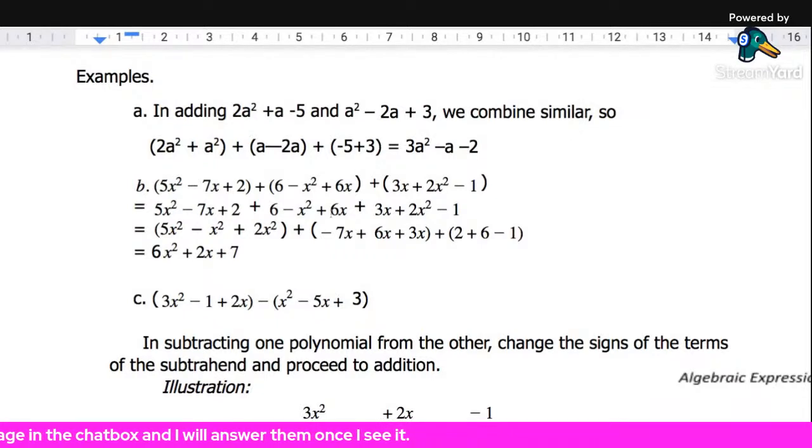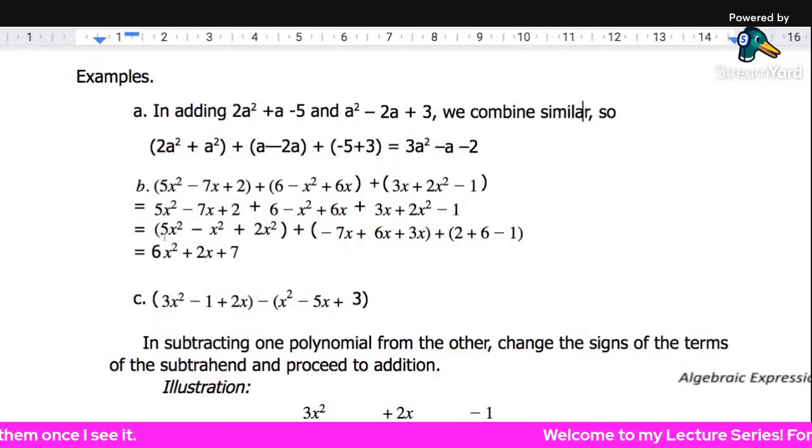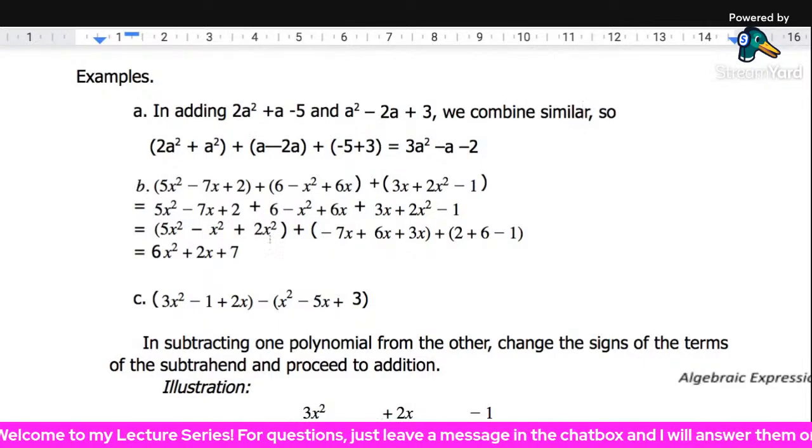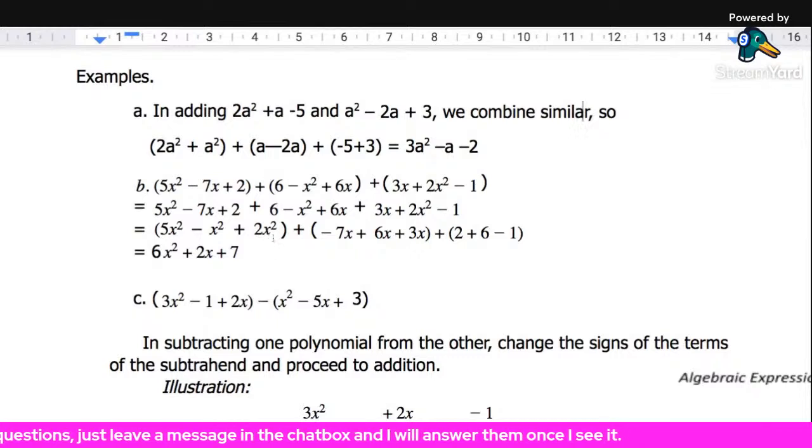So we'll have 5x squared here minus x squared and plus 2x squared. Then let's see what else we can combine. We have negative 7x, positive 6x, and positive 3x.